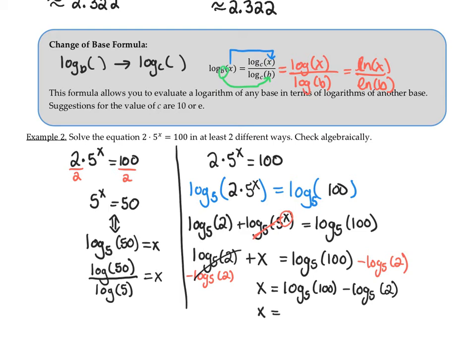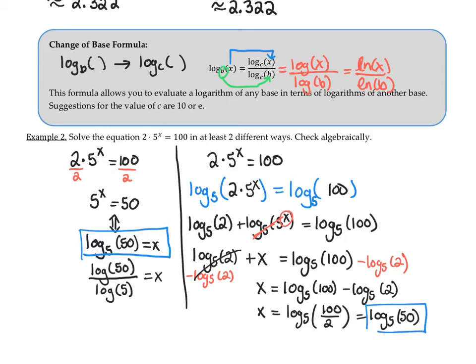I do, however, have a log rule that says if I have two logarithms that are subtracted, I can divide their arguments. So I end up getting the log base 5 of 50, which, if you'll notice, is the same answer that I had when I did this the easier way.